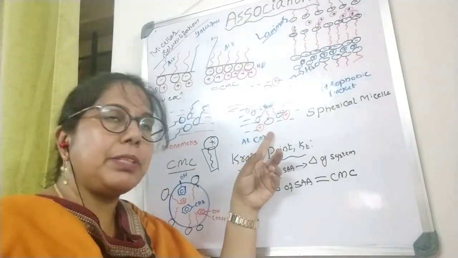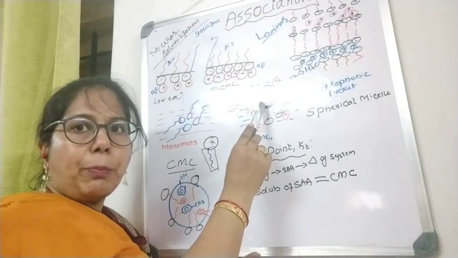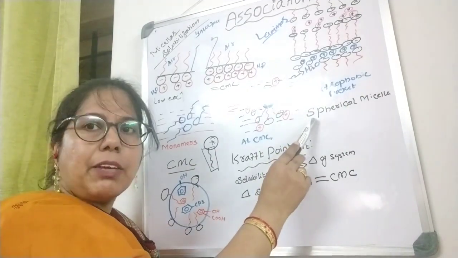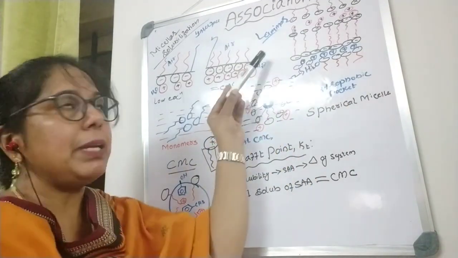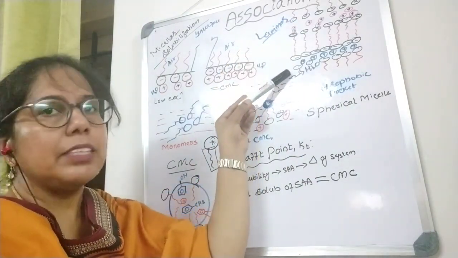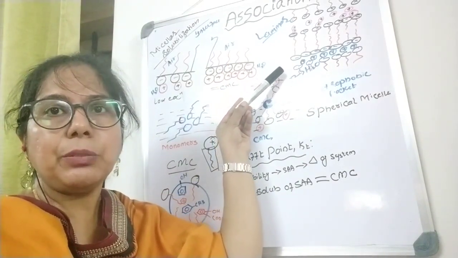So this is about the spherical shape micelles, where it forms a hydrophobic pocket and a hydrophilic outer side, spherical in shape. The same thing will form in a laminar shape. You can see it pictorially here, where the concentration is equivalent to CMC.